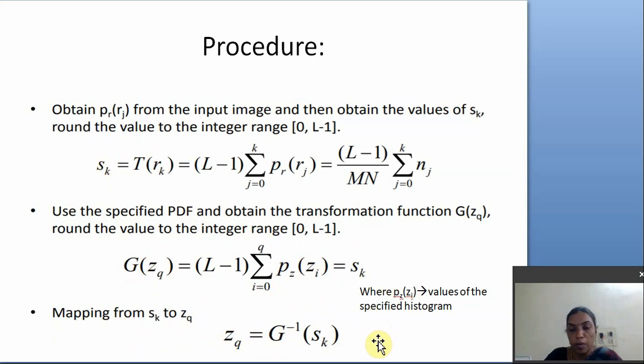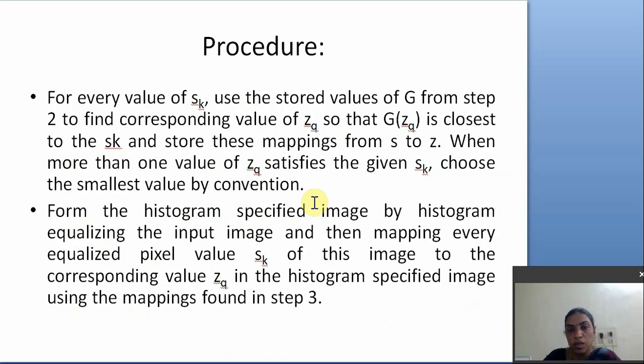How can you map? Follow these steps. For every value of SK, use the stored values of G from step 2 to find the corresponding value of ZQ, so that G of ZQ is closest to SK, and store these mappings from S to Z. When more than one value of ZQ satisfies the given SK, choose the smallest value by convention.